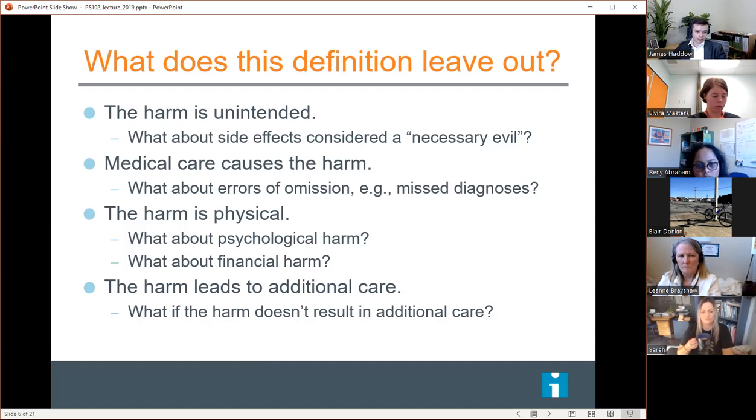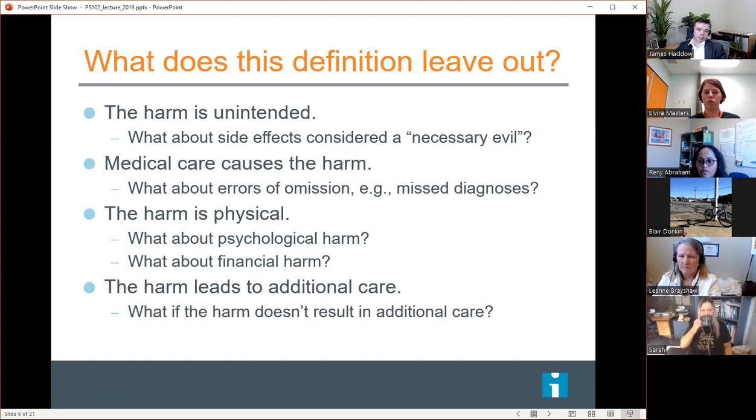Yeah, that idea that medical care causes harm, but there are other ways that you can have harm, and one is omission. So not doing something causes harm. That's not really medical care. That's a delay to care. We've had a long wait list for some surgeries, and I've heard of some people dying waiting on the wait list, and some of them dying of the thing that they were waiting to be fixed.